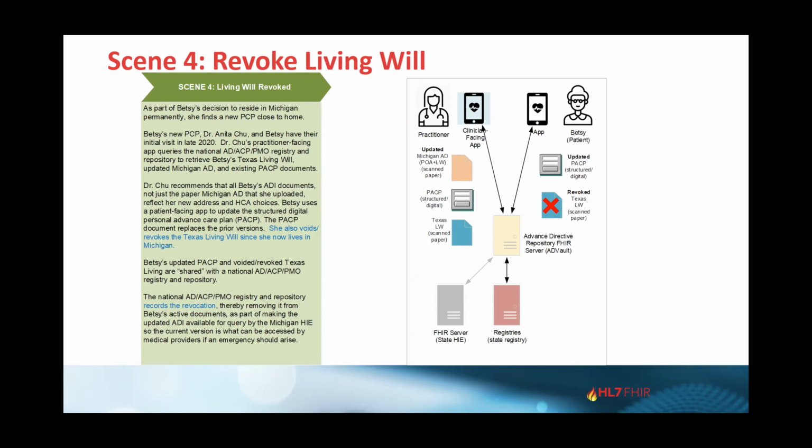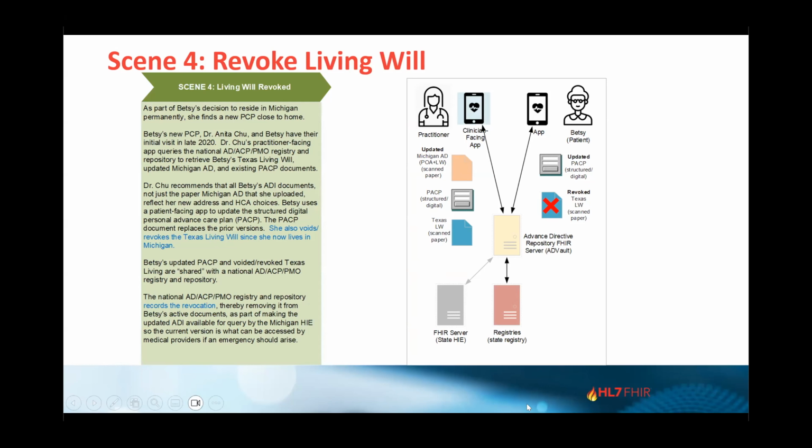Dr. Chu's practitioner-facing app queries the National Registry and Repository to retrieve all of Betsy's current documents, which is her Texas Living Will, her updated Michigan Advance Directive, and her existing Personal Advance Care Plan documents. Dr. Chu recommends that all of Betsy's ADI documents, not just the paper Michigan Advance Directive that she just uploaded, reflect her new address and her healthcare agent choices.